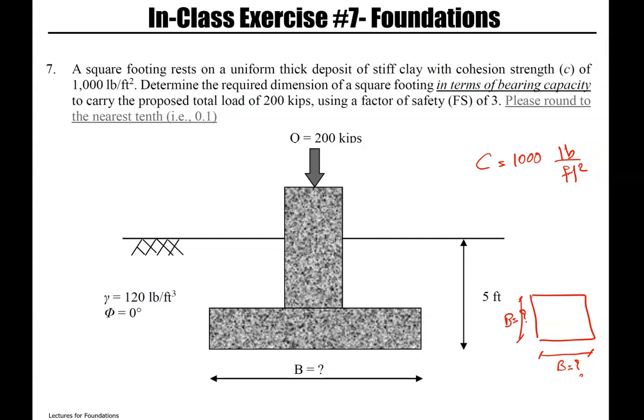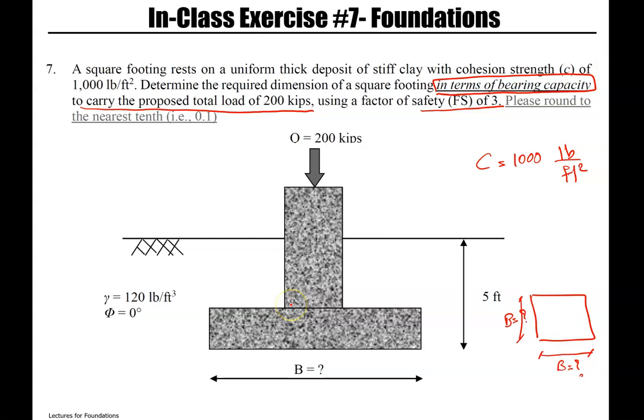The question is asking us to find the required dimension of a square footing in terms of bearing capacity. So just the bearing capacity check. So that the footing can carry a proposed total load of 200,000 pounds using a factor of safety of 3.